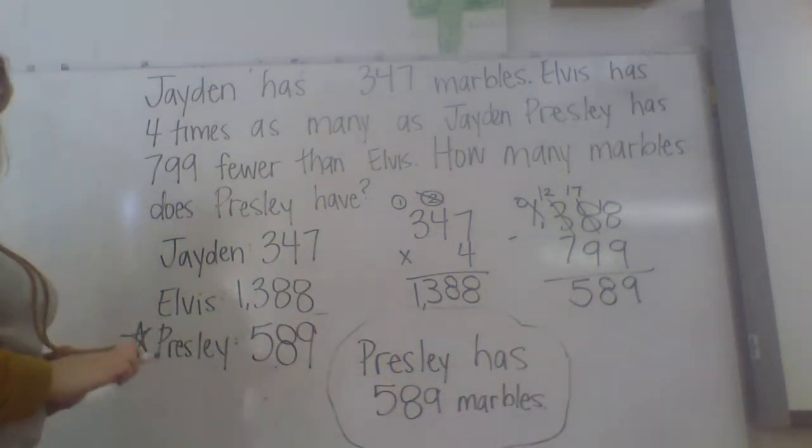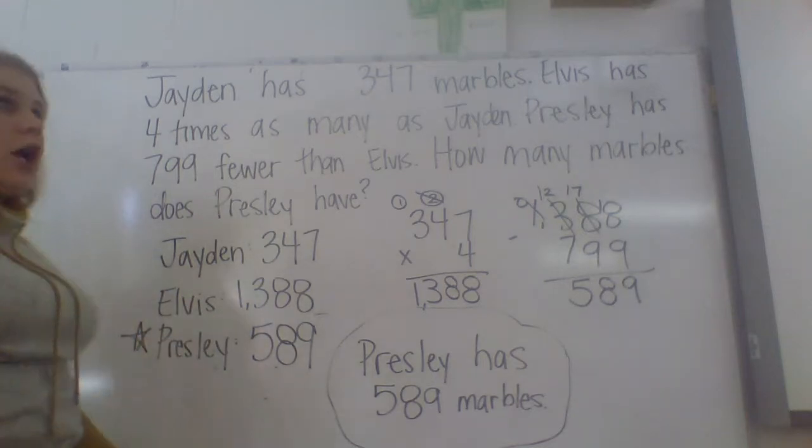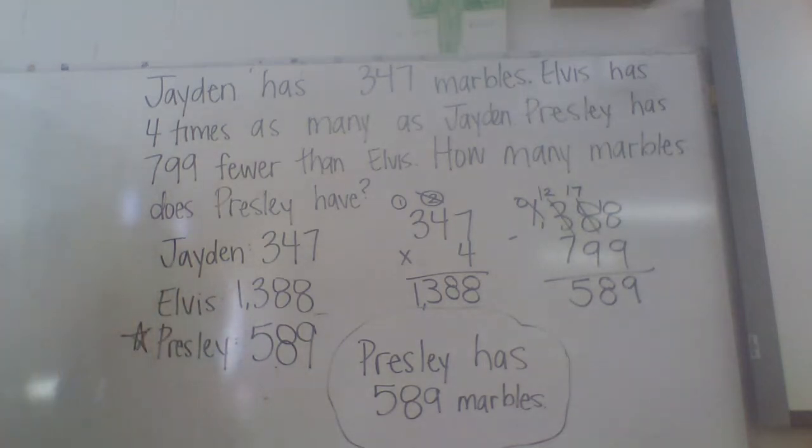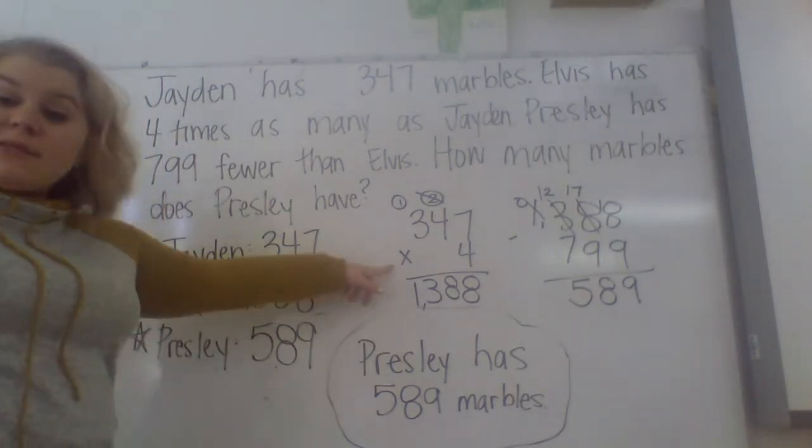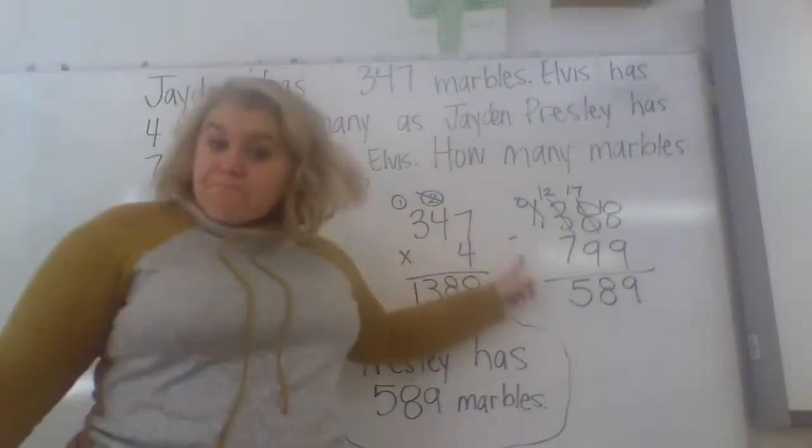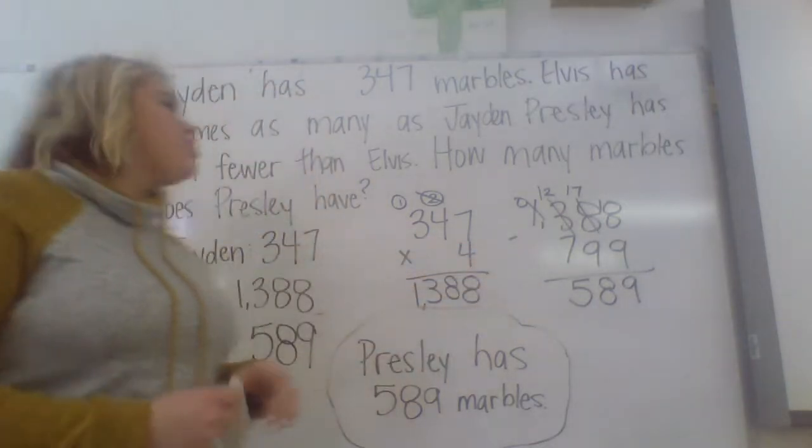So it's super important to include your unit. So there was 1, and notice we had multiple steps. We had multiple operations. We multiplied to help find our answer, and we subtracted.